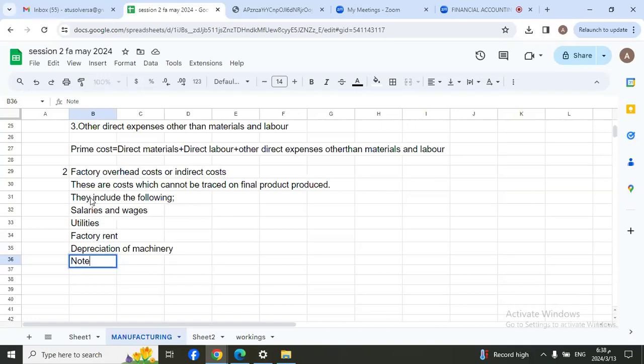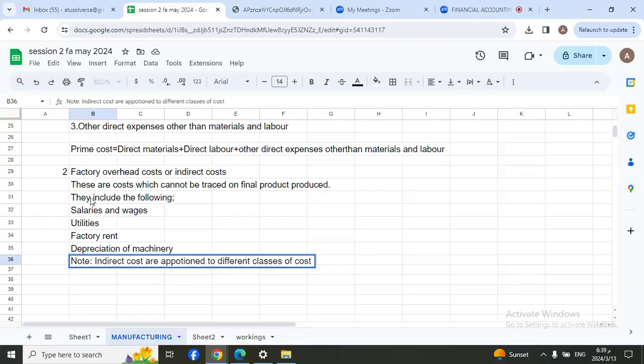We are going to put a note: indirect costs are apportioned to different classes of costs as proposed by the management.